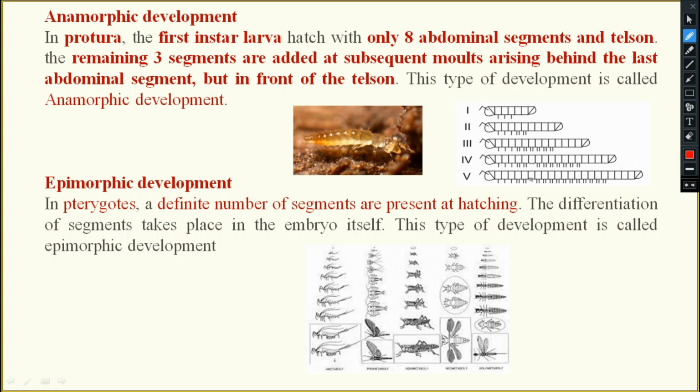But what is anamorphic development? Anamorphic means addition of abdominal segments. In Protura, the first instar larva hatches with only 8 abdominal segments and a telson. That means 1 to 8 abdominal segments will be there, then the telson. Understood?